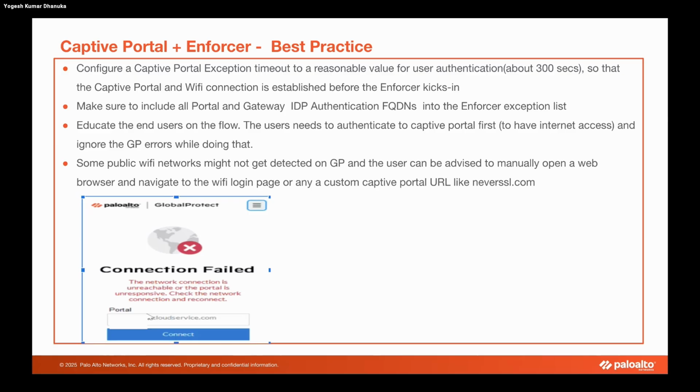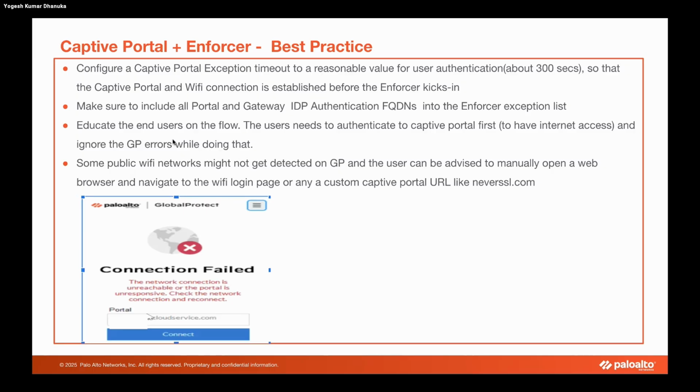Maybe they can do a screen recording whenever they are turning on the machine to understand the workflow that they are following. What are the steps that they're doing, which will help the IT admin to understand what exactly they are doing. Is it something on the GP side, on the network side, or on the user side?